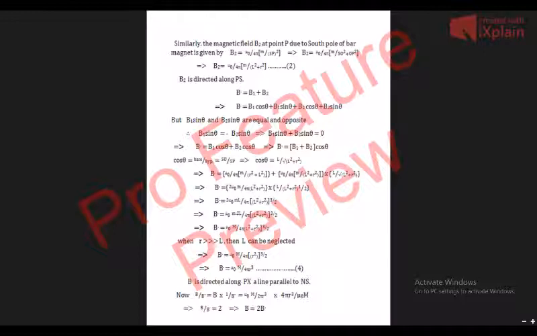Bases are the same, so powers are added. In the first case the power is 1, and in this case the power is 1 by 2. When you add 1 plus 1 by 2, you will get 3 by 2.